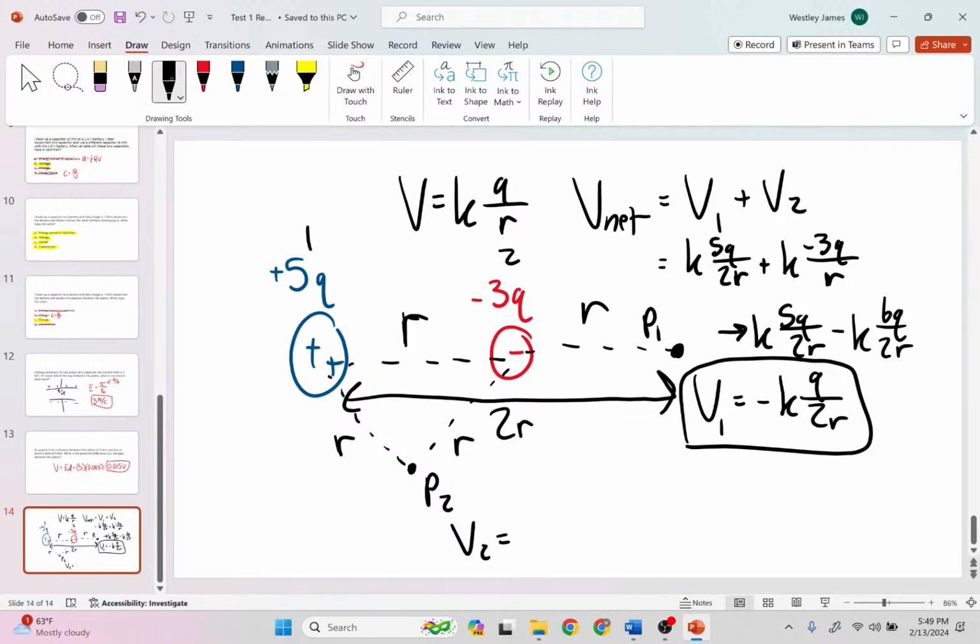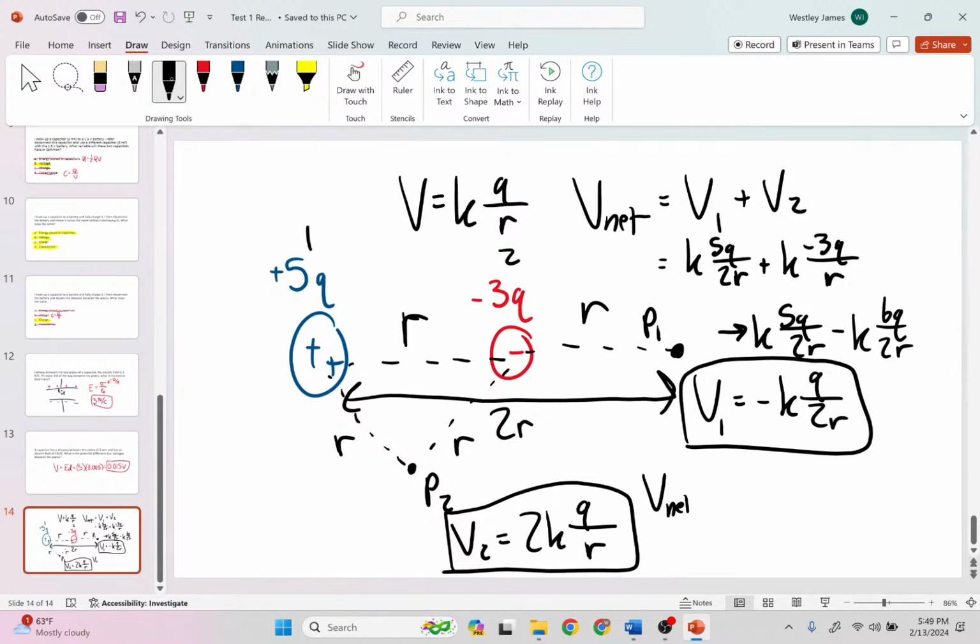How do I want to write this? 2kq over r. Again, I will work through that one in just a second. If I want the electric potential at point 2, same process, y'all.